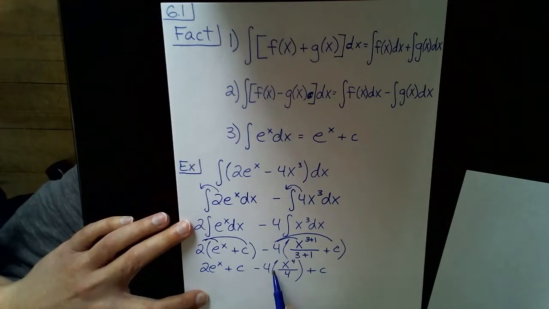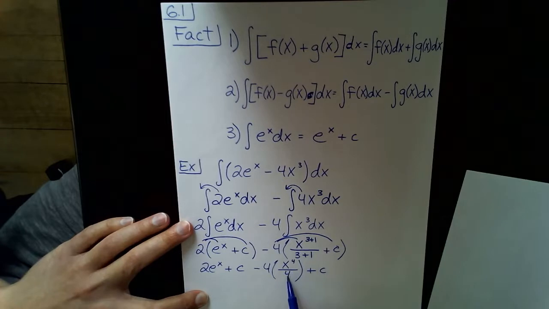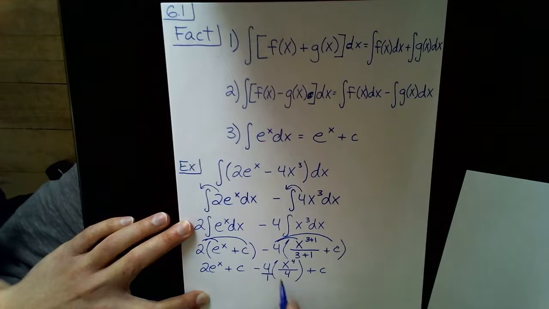And from here, notice that we have 4 times x to the 4th over 4. If it helps you to think about it, when you're multiplying fractions, you can put anything over 1. And now hopefully it's easier to see we have a 4 in the top and bottom, and because we're multiplying, we can cancel that 4 out.